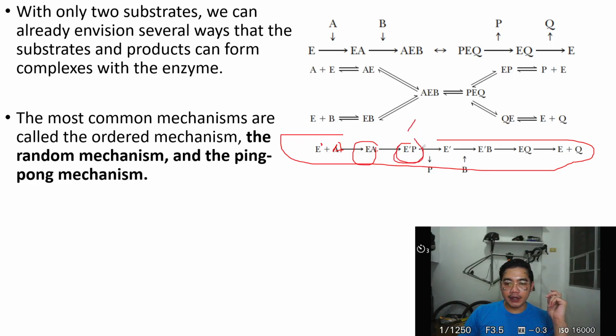So the modified enzyme plus product, and the modified enzyme can bind to your B. It can't bind to B without being modified. So after its reaction, after making its product from B, it now returns to its unmodified version. That's why it's called ping pong. It goes back and forth from modified to unmodified.